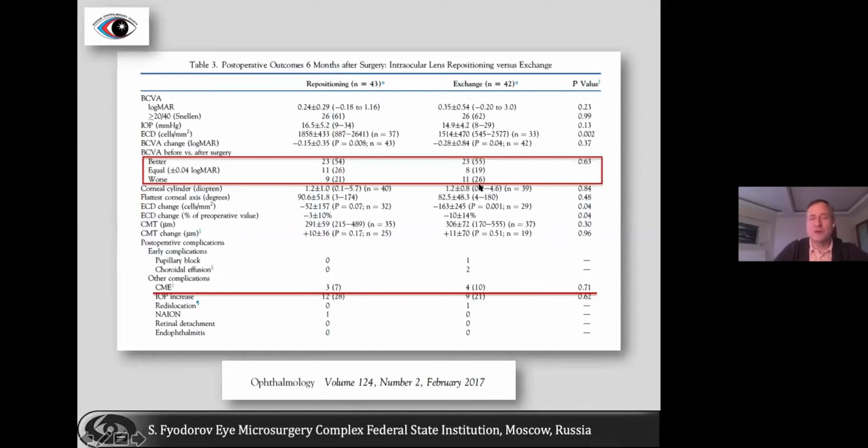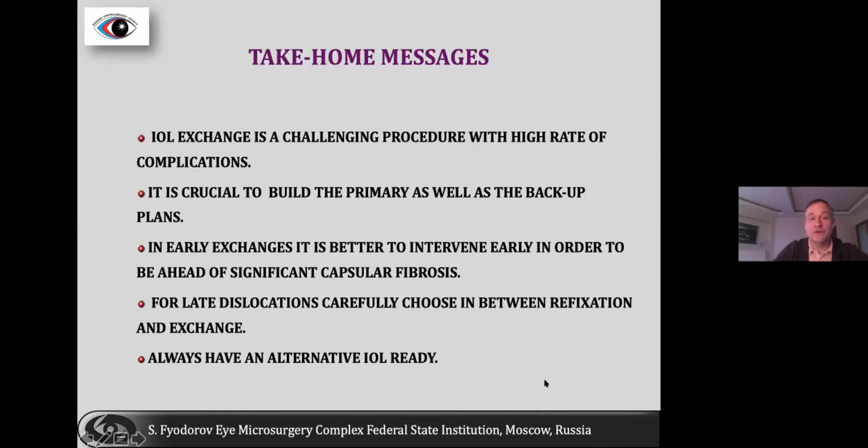So you have to keep in mind that in about 10% you may not improve the vision of the patient due to various reasons. And cystoid macular edema was more or less similar in both of these groups. So whether you're suturing the lens or fixating it to the iris, there is no significant difference.